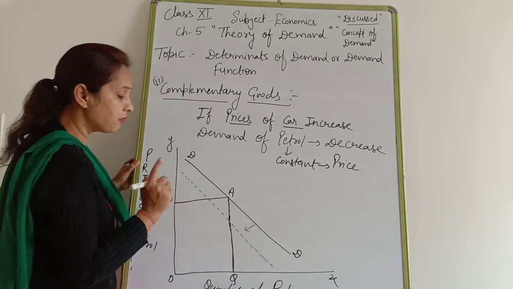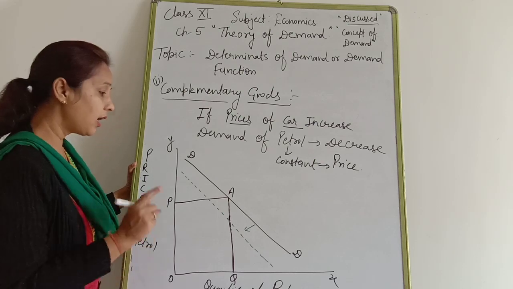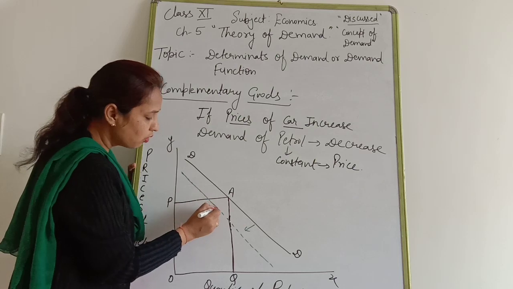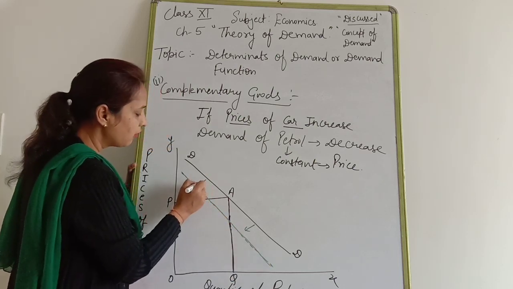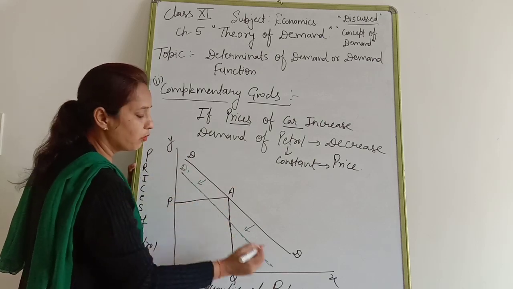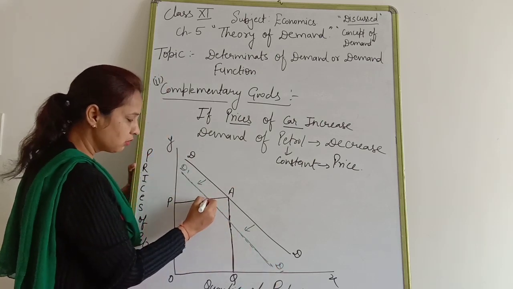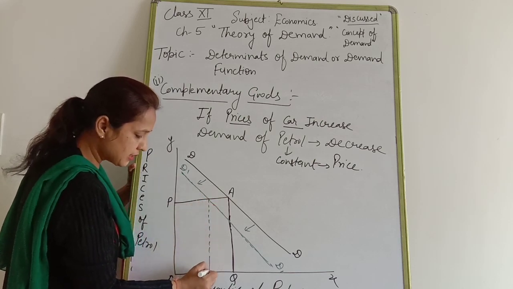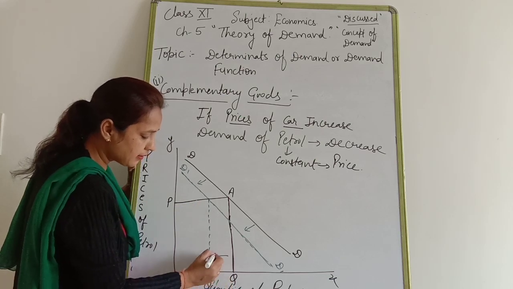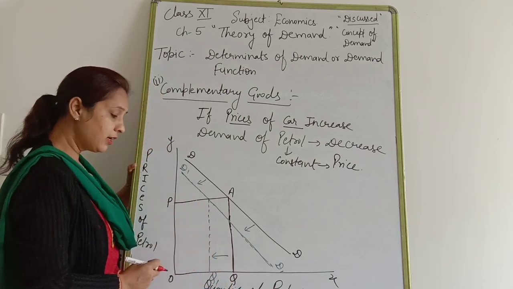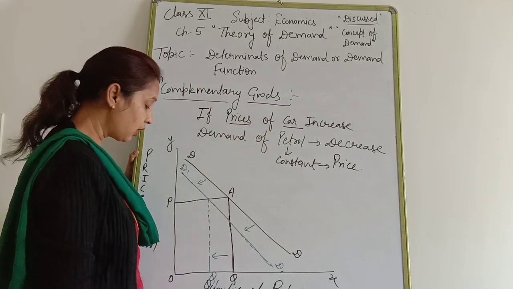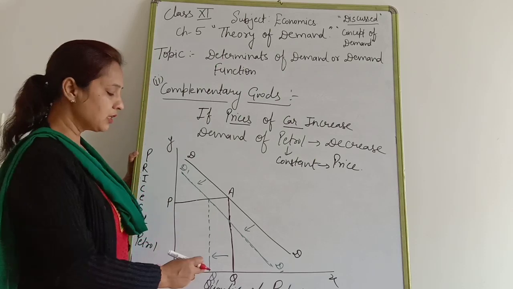DD demand curve, when the prices are constant, then you have to shift the demand curve. DD demand curve shifts in the backward direction from DD to DD1. Clear? Now the prices are still constant at OP, but quantity decreases to OQ1. Why does it decrease from OQ to OQ1? Due to change in the price of car, due to the increase in the price of car.